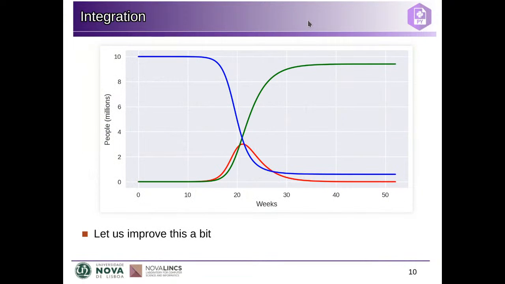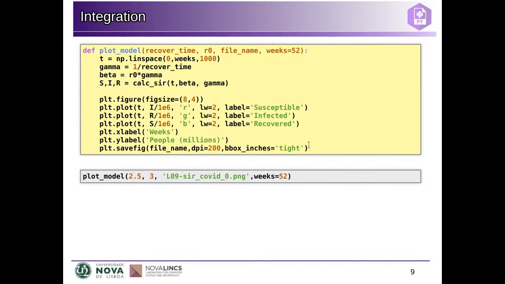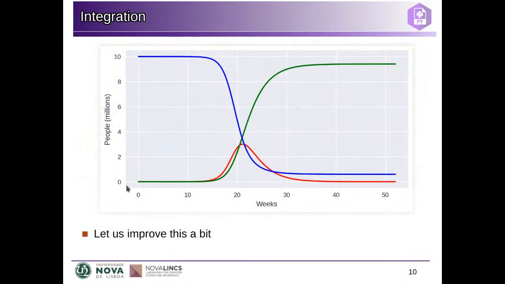So this is an example of what we get. Note that we are computing this integration for the first 52 weeks, so this would be 1 year, but we are asking for 1000 points within this range, because we want these lines to be smooth curves, not jagged. So if we were just asking for 1 time step per week, we would have some edges here.